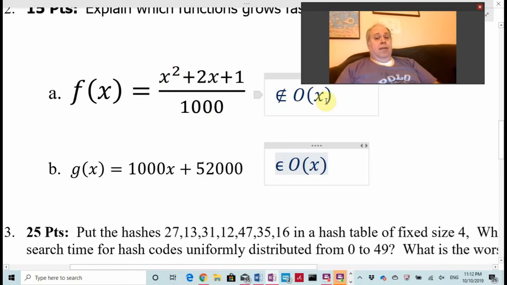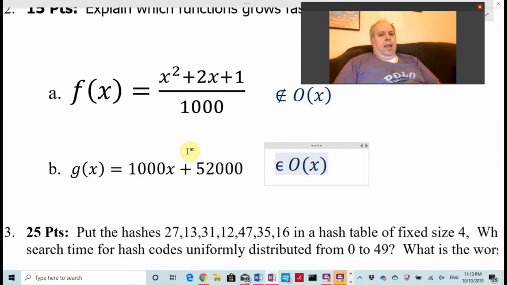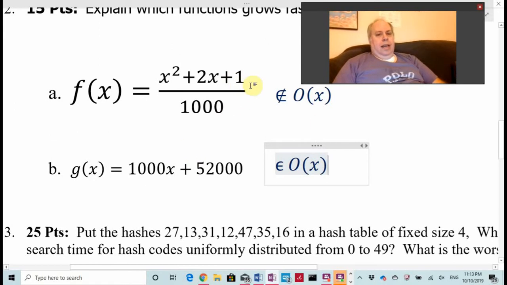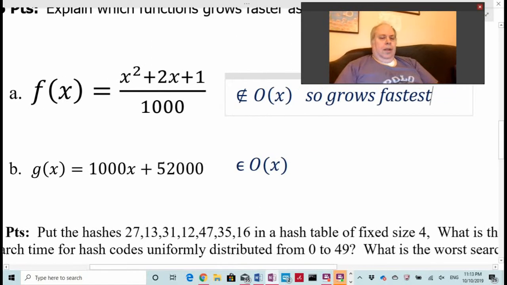So it's not in O of x. And this guy, if we divide this by x, we get 1,000, and as x goes to infinity, it approaches 1,000. So that would mean that this one grows fastest.